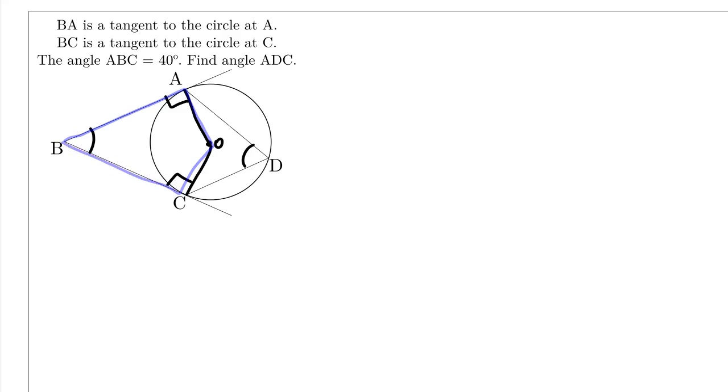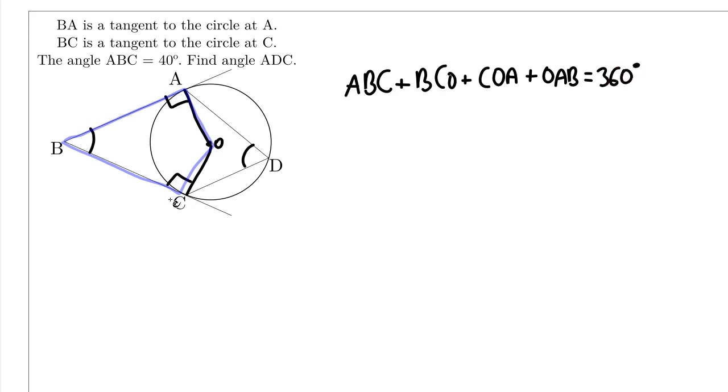This kite shape, this four-sided shape, a quadrilateral, all of the angles inside this quadrilateral add up to 360. So, the angle ABC plus the angle BCO plus the angle COA plus OAB add up to 360 degrees. All of the angles inside a quadrilateral add up to 360. Angle ABC is given to us, it's 40.